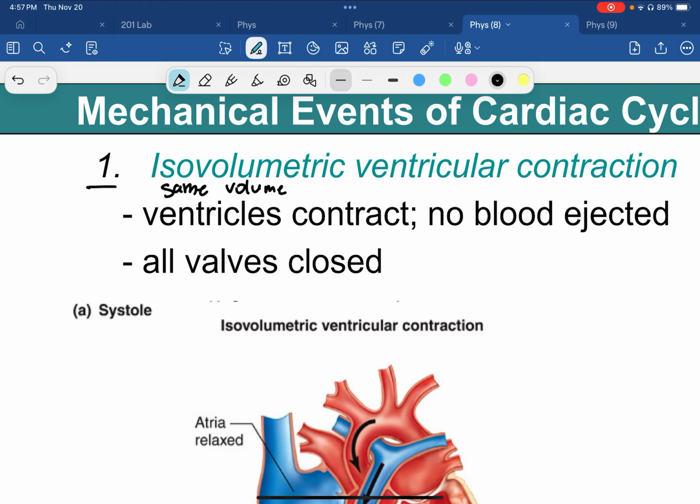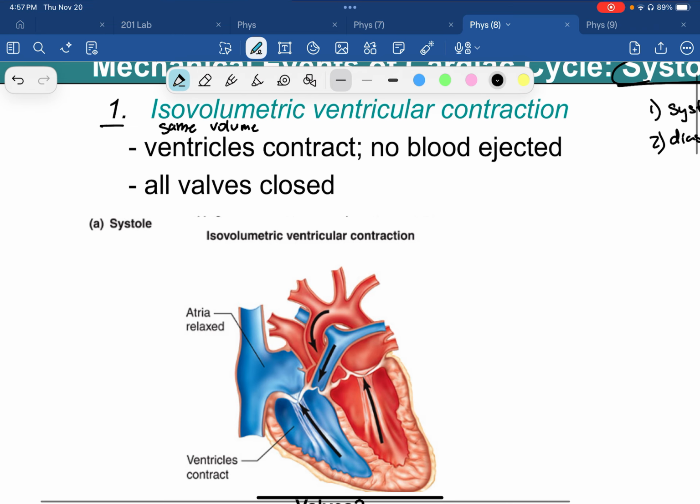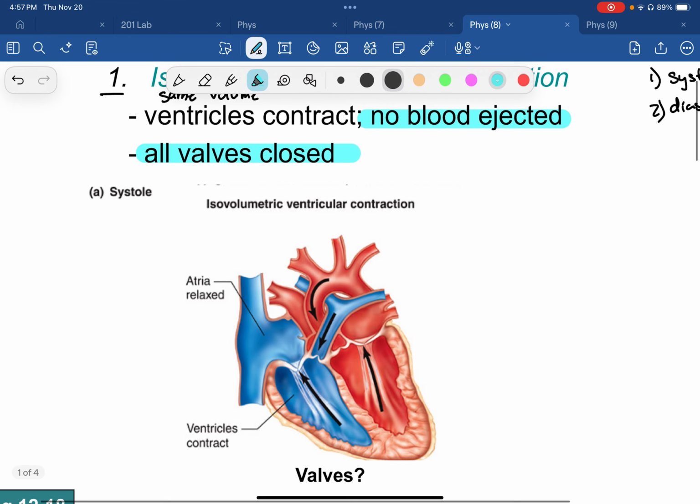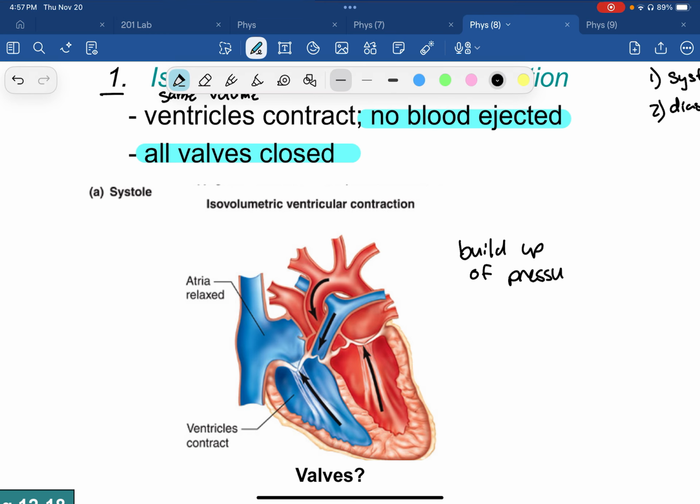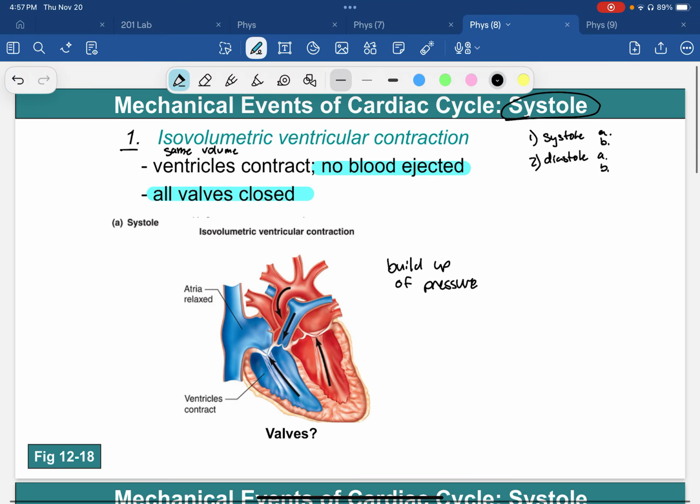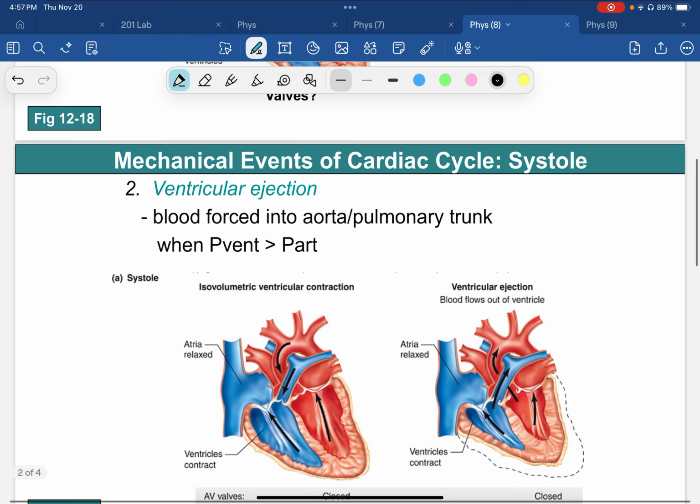So there's not going to be a change, and we see that's true because our ventricles contract, but no blood is ejected. All valves are closed, so that's just a buildup of pressure. Our pressure is building, and then we move down to our second slide.